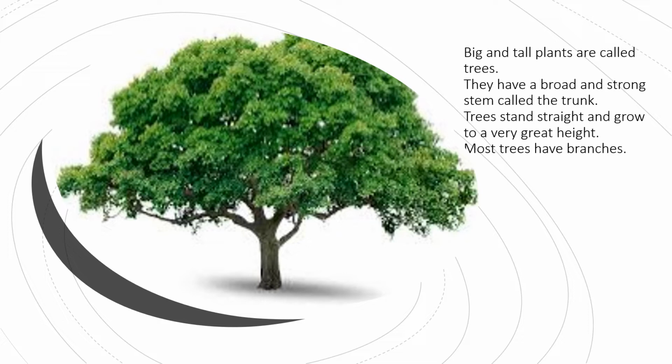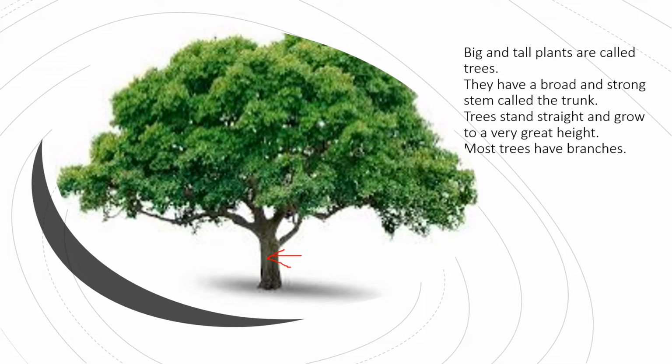Let us read the lines here, children, about trees. Big and tall plants are called trees. They have a broad and strong stem called the trunk. Let me show you the stem, children. This is the stem. And this is called the trunk.